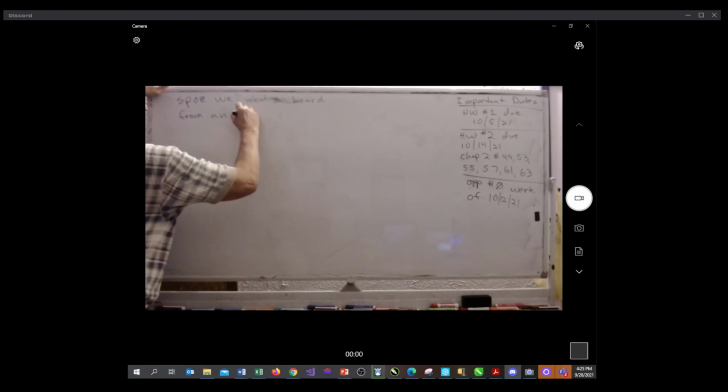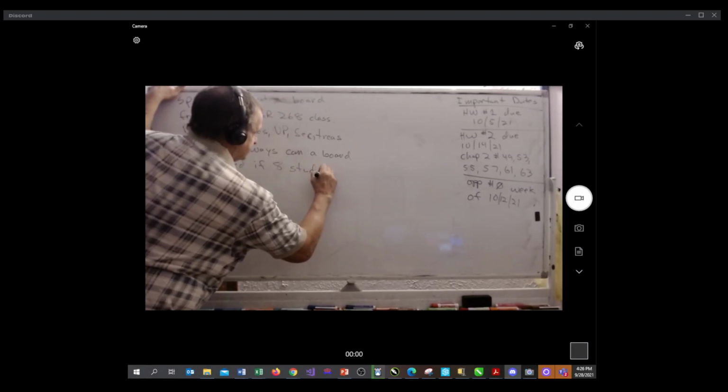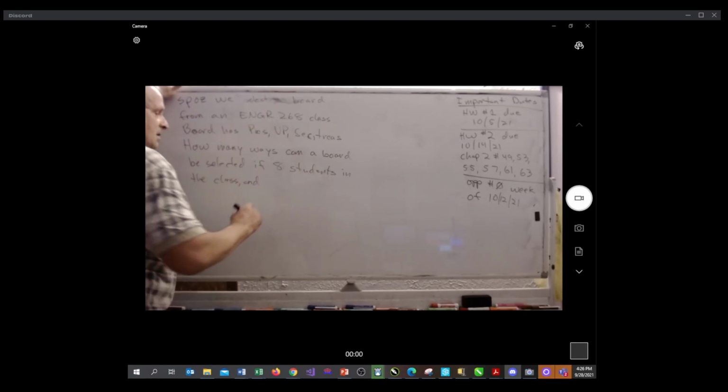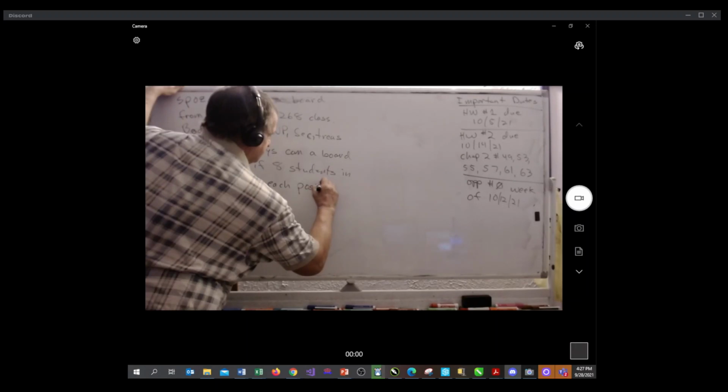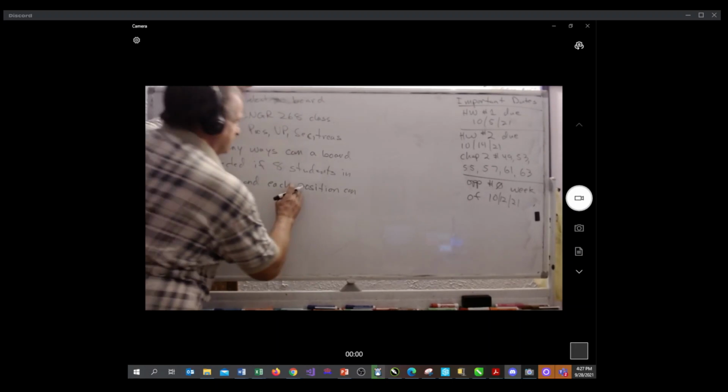How many ways can a board be selected if there are 8 students in the class and each student can only fill one position?